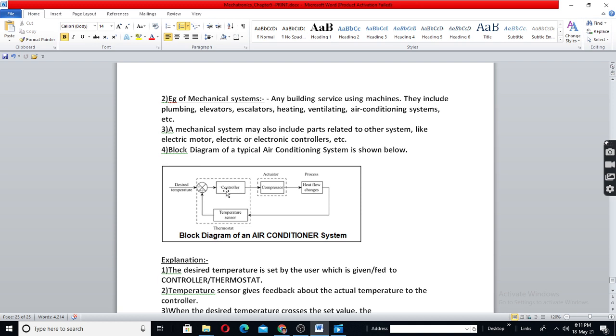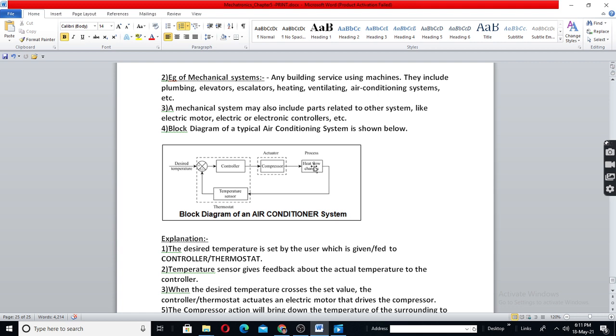Here, what you desire is given to the thermostat. The actual temperature is also given to the thermostat. The thermostat gets two signals because it is kept at the same place as the temperature sensor, close to each other.